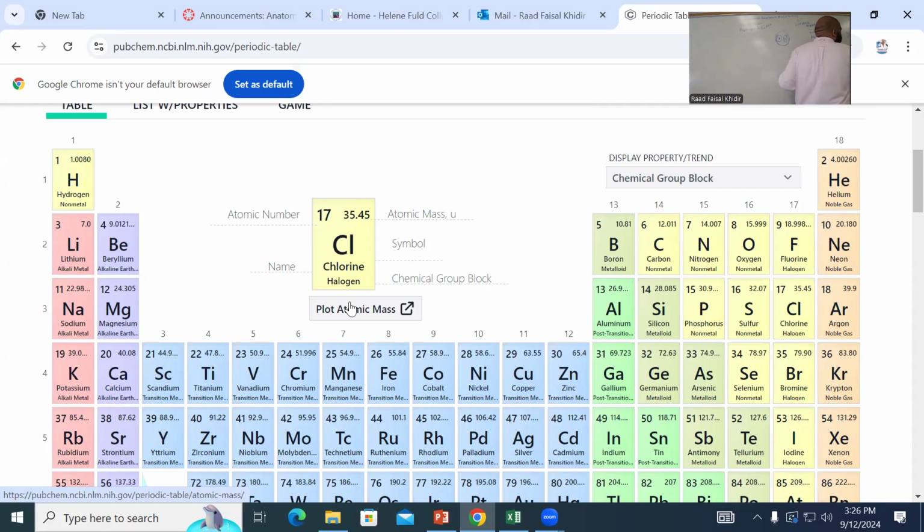Very good. If it was 2, then that means it's helium. It's no longer hydrogen. Then tritium, the atomic number for tritium is 1.